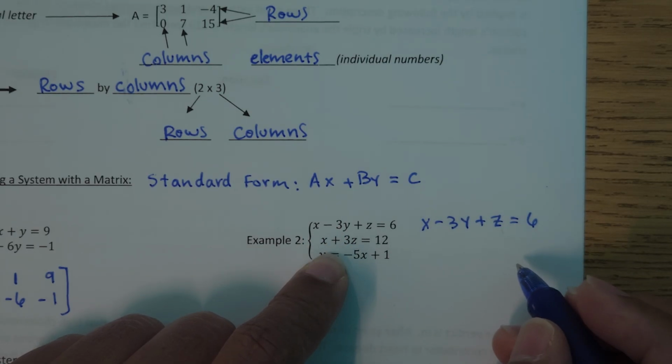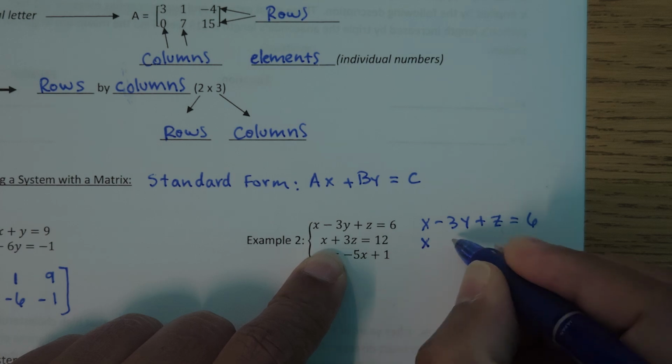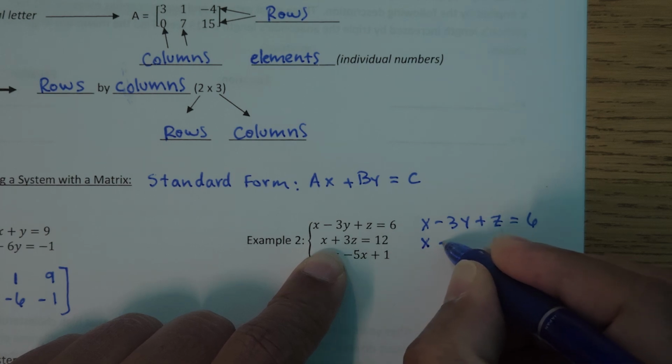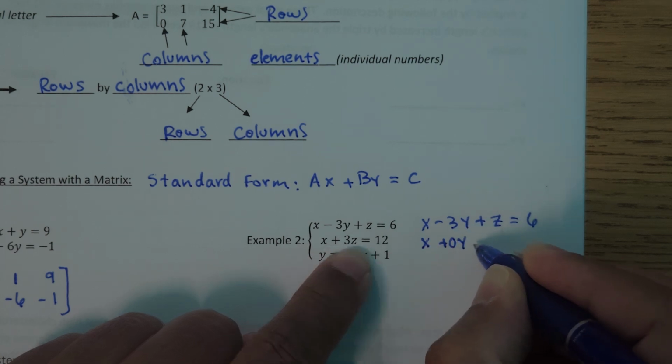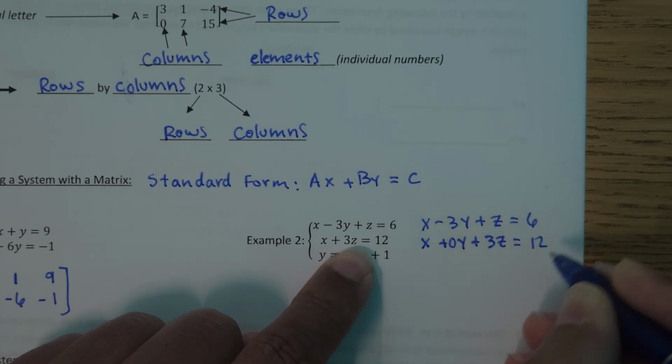And for this one, I'm going to write a 0 for y as a placeholder because I don't have any y's. So this is x plus 0y plus 3z is equal to 12.